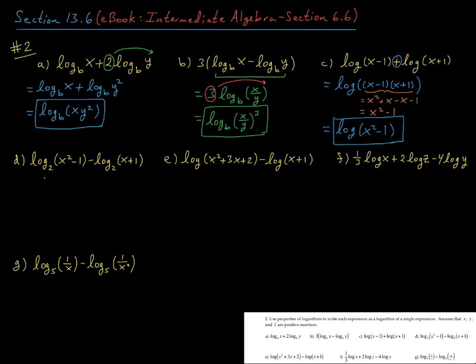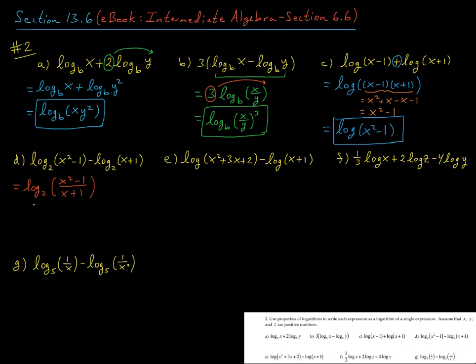All right, D, log base 2 of the quantity x squared minus 1 minus log base 2 of the quantity x plus 1. All right, I have a difference of logarithms. So I'm thinking quotient to difference. That's going to then give us log base 2 of x squared minus 1, which will be our numerator for the quotient, divided by x plus 1.